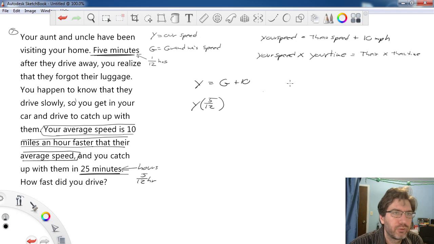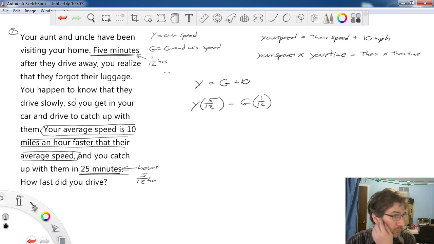It should be equal to their speed, which is grandma's, times their 5 minutes. Yep, that's looking good. So these are your two equations.